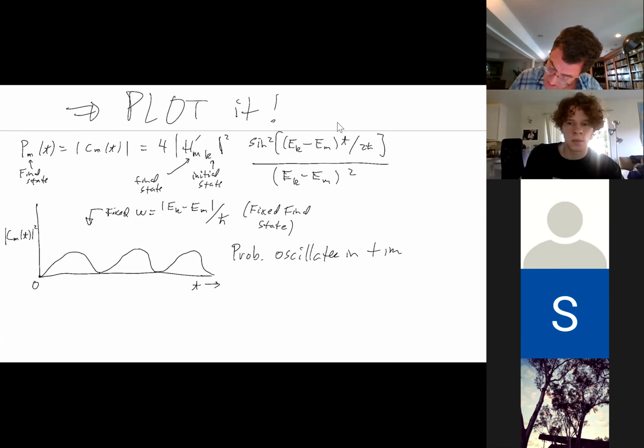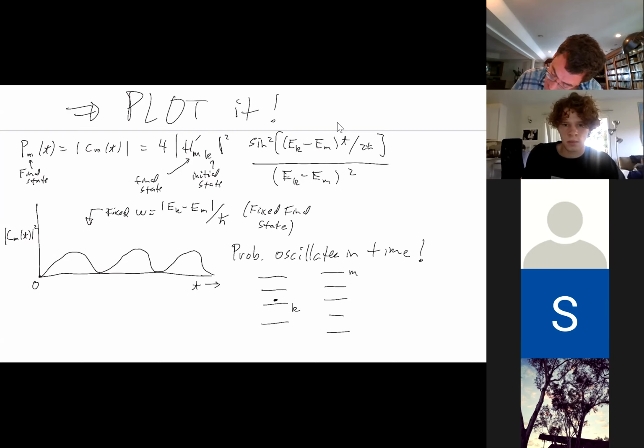Wow, that's freaky. And so that's basically saying that if we start in some initial state, k, and then we pick some arbitrary state, m, and we ask what's the probability to end up in that state, then the particle is basically oscillating.